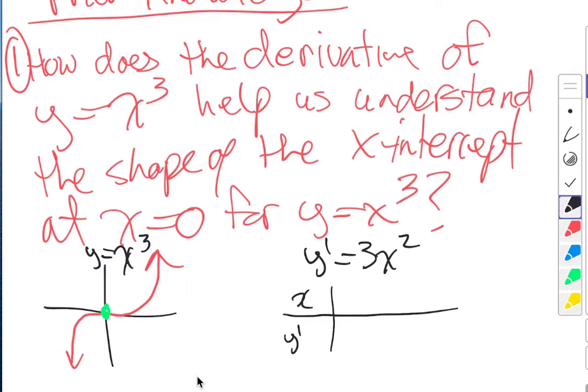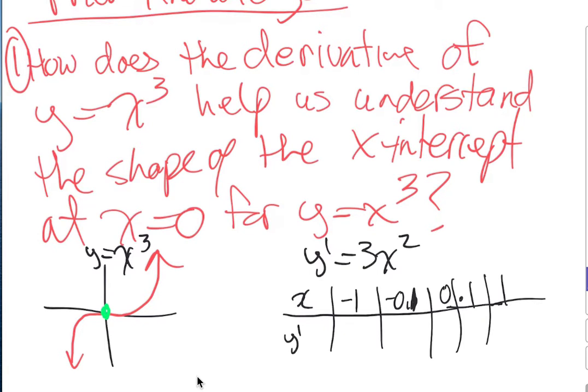I'm going to pick a point at -1, at -0.1, at 0, at 0.1, and at 1, and see what the slope is. So I'm substituting those numbers into the derivative. We're just going to do this without a calculator.